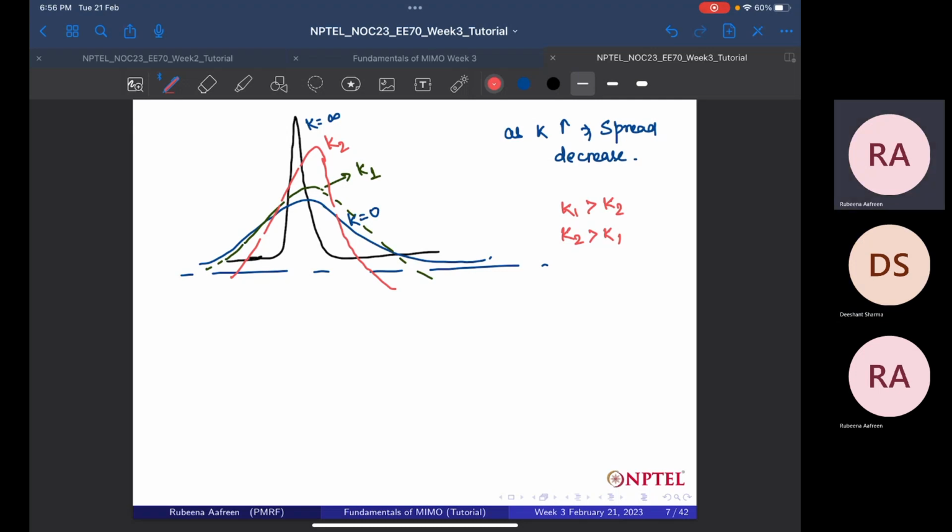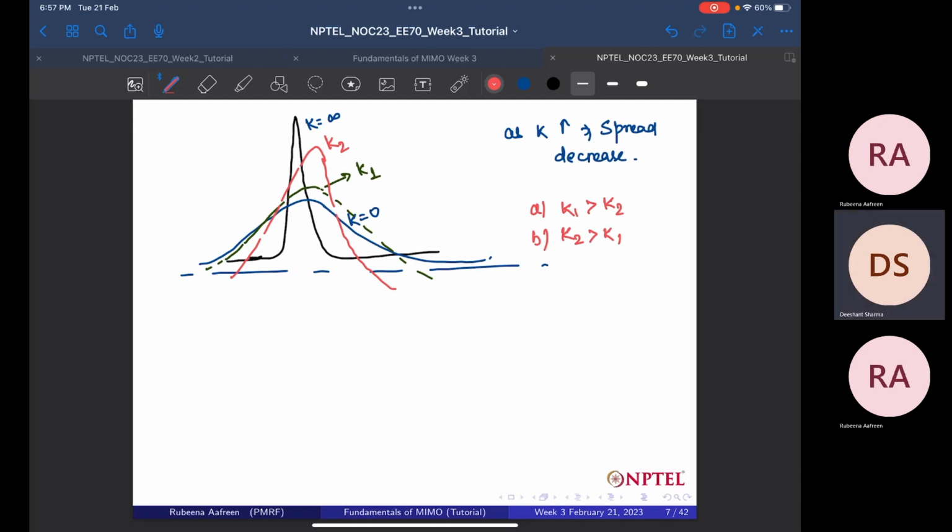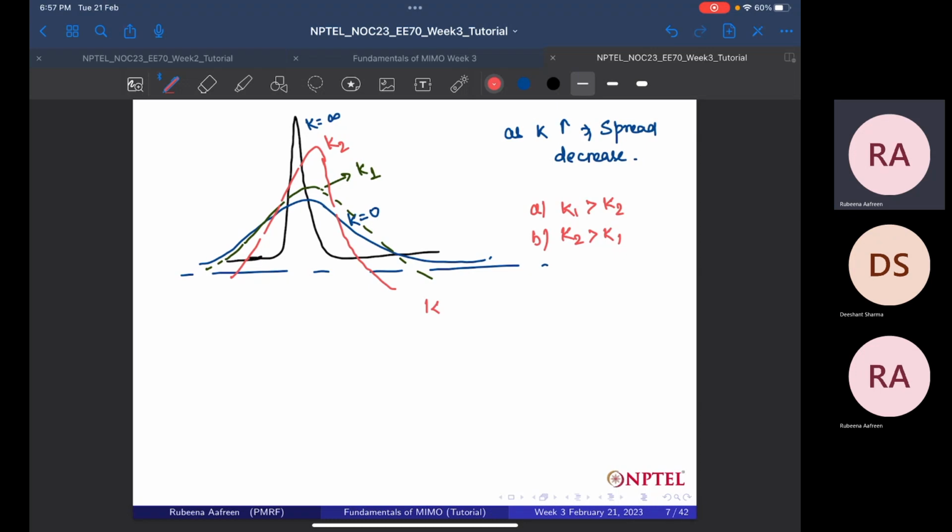This green curve is for k1 Rice factor, and this pink curve is for k2 Rice factor. Now, if I ask whether k1 is greater or k2 is greater, this is A, this is B. What do you think is true? Like fading in case of K1 is greater, or fading in case of K2 is greater? You are asking that, or? No, K is Rice factor.